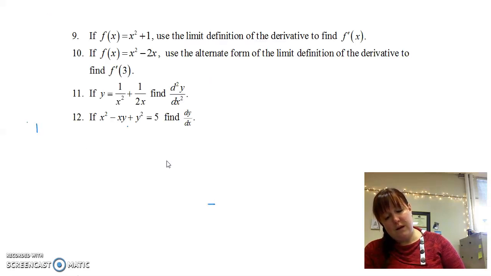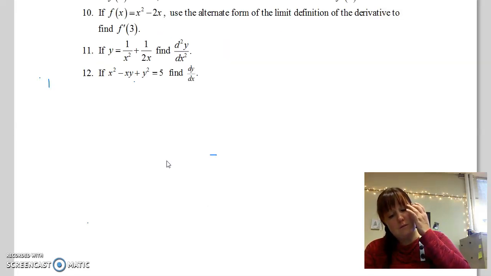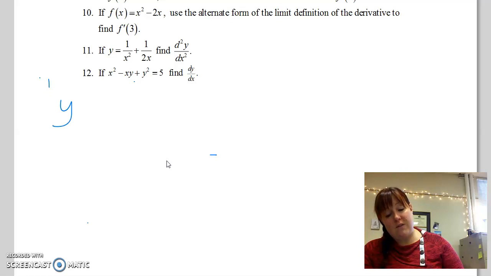It's if y equals all of this, then we find the second derivative. Okay, so let's find the first derivative, and I would write this as x to the negative 2 plus 1/2 x to the negative 1.